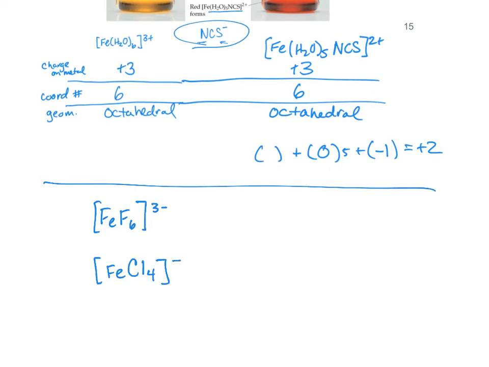So we have iron chloride that has 4 chlorides. We have a different geometry, and actually I don't know if this is square planar or tetrahedral. We'd have to write out the Lewis structure, but we could do that, I suppose. But you could go through and figure out, again, charge, oxidation state, coordination number, and geometry for these.